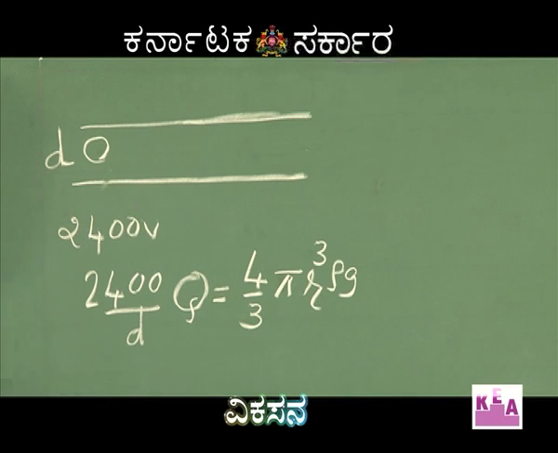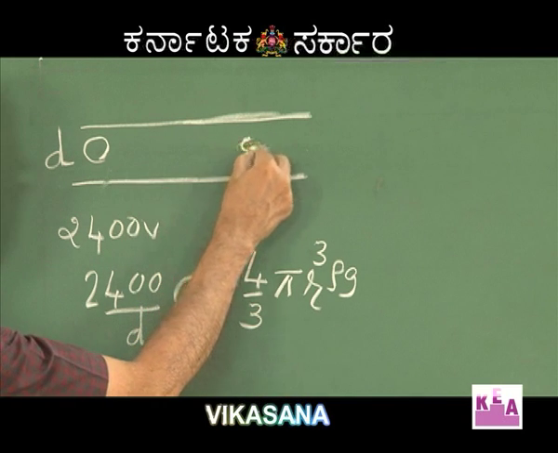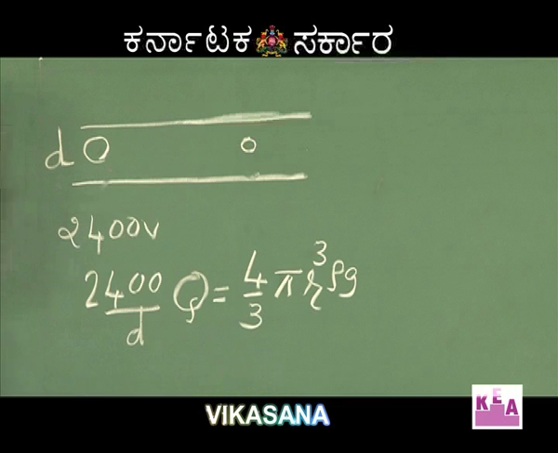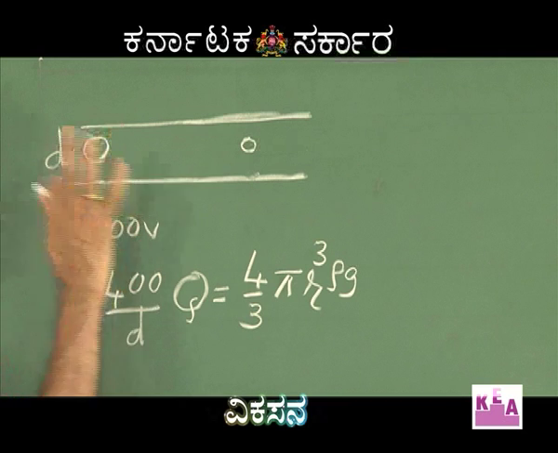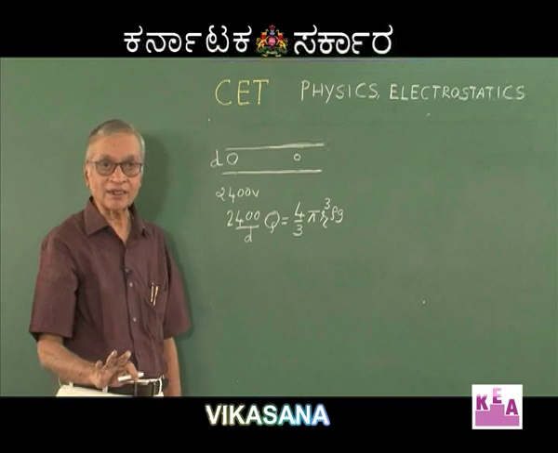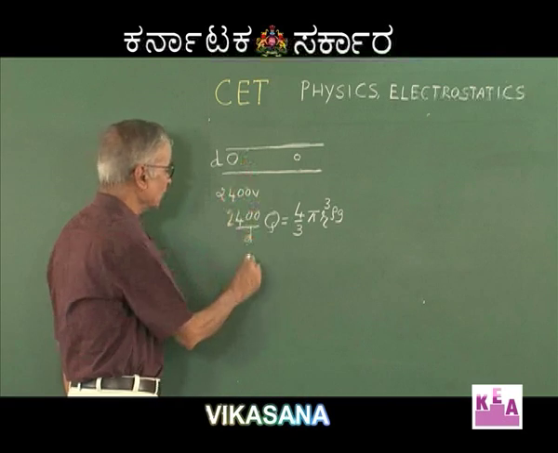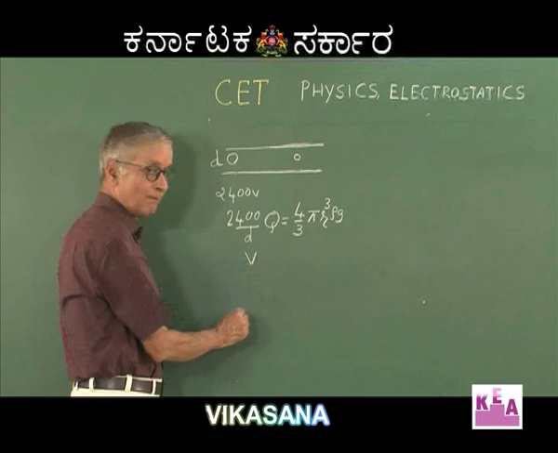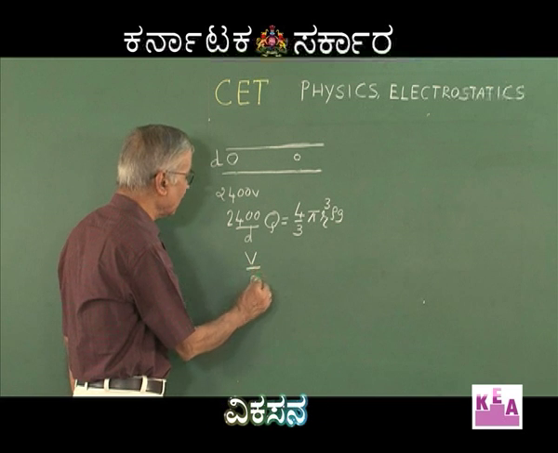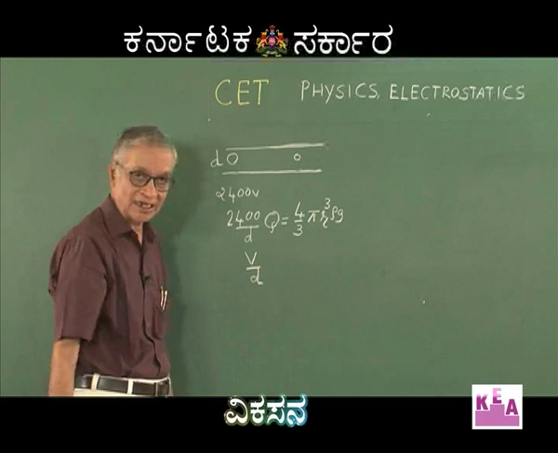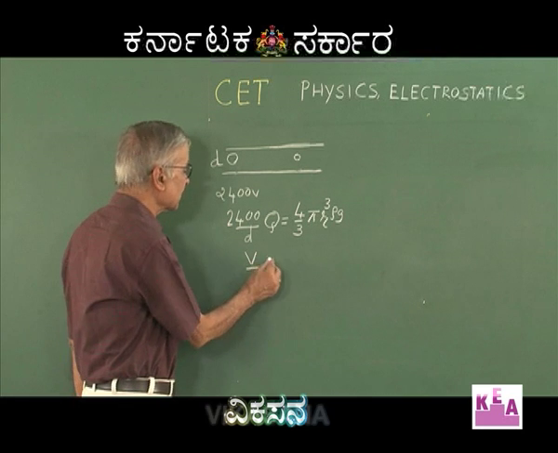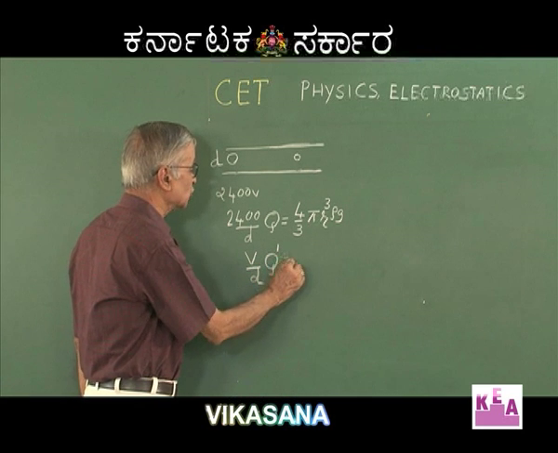If there is another drop with half the radius, and it should remain stationary, we are required to find the potential difference between the plates. Let the potential difference between the plates be phi, the plate separation again being d. Suppose the charge on the drop is q dash.